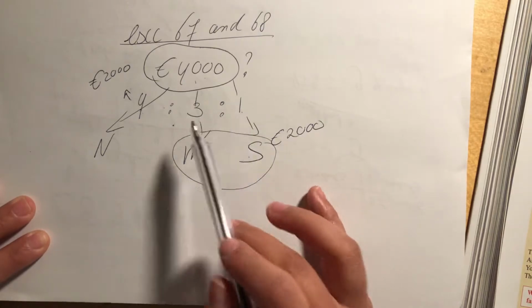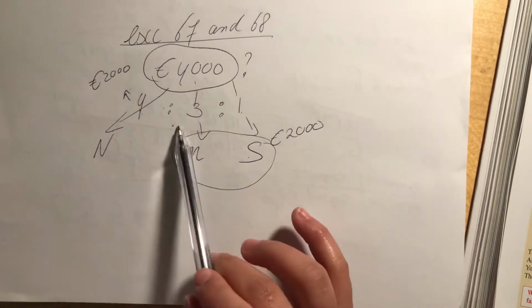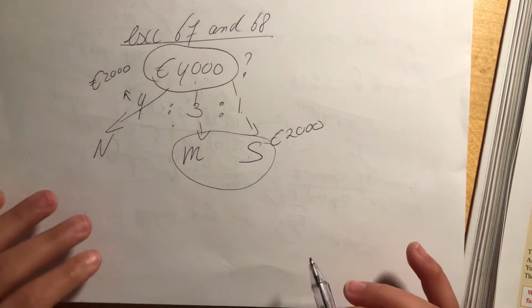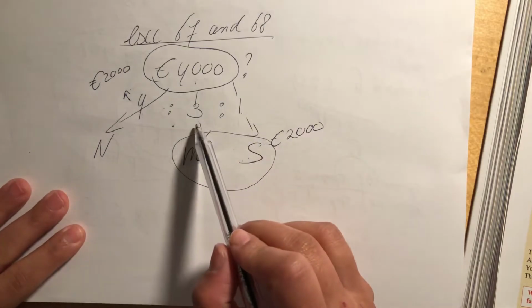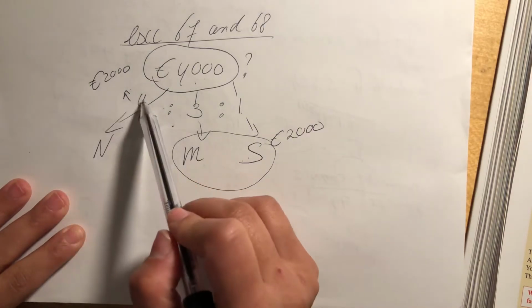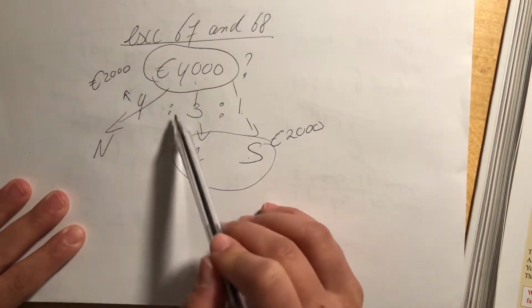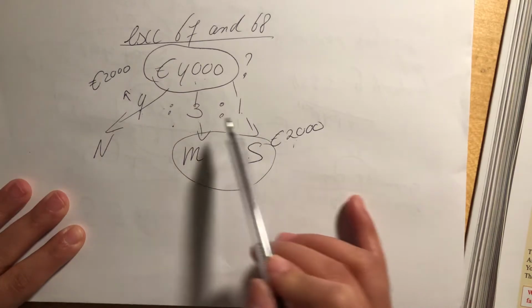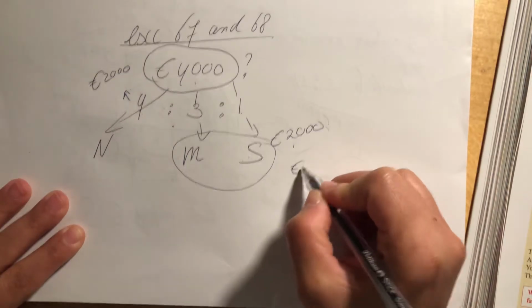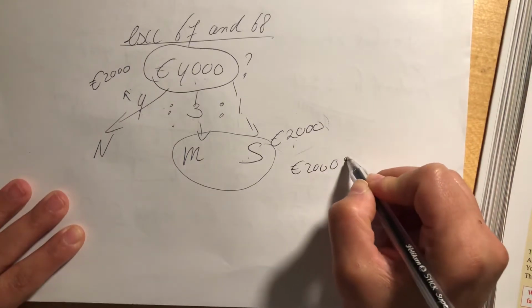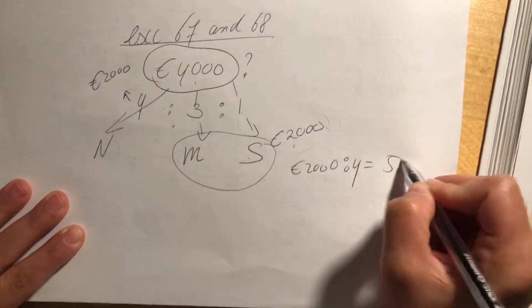How can we divide this? Look at the ratios. Do you have any ideas how you can approach it? Well, after you pause the video, you unpause it, of course. You know that the ratio 4 is 2,000. Over here we got 4 is also 2,000. This is 3, this is 1, so you can divide the 2,000 by 4, which will give you 500.